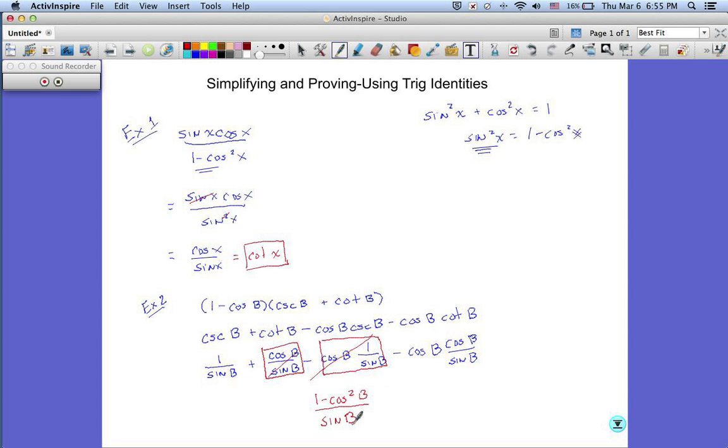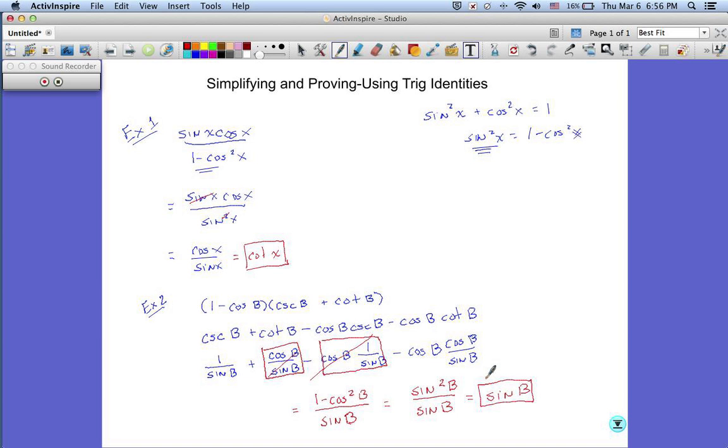Well, 1 minus cosine squared, wasn't that our last problem? Boom, that's sine squared. So now I can say 1 minus cosine squared is sine squared. And I'm dividing that by sine, remember? So I end up with just sine of b. And there you have it, another nice simplification.